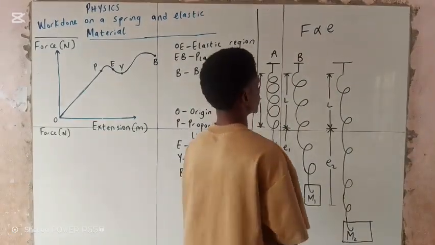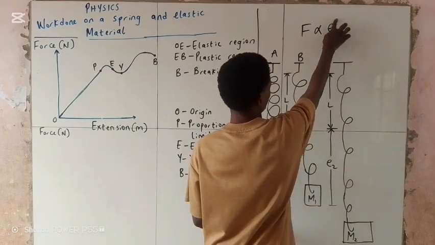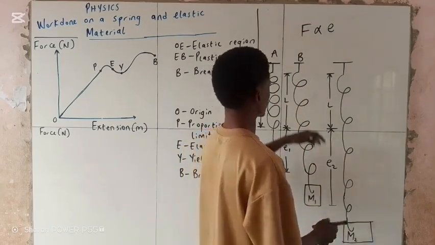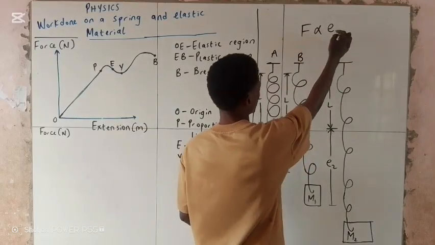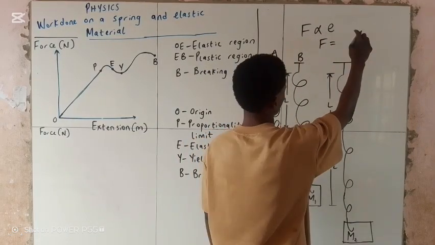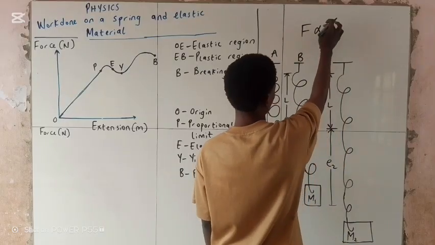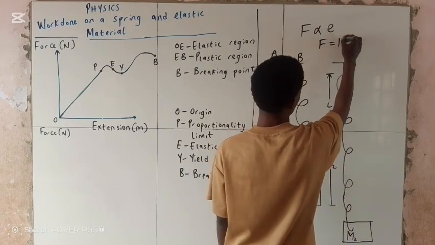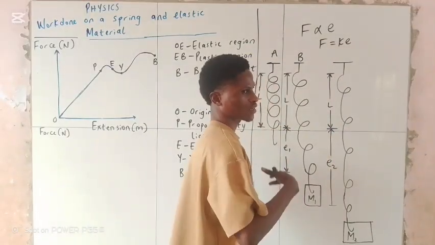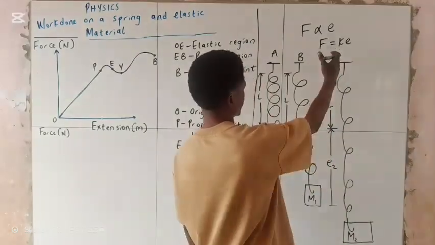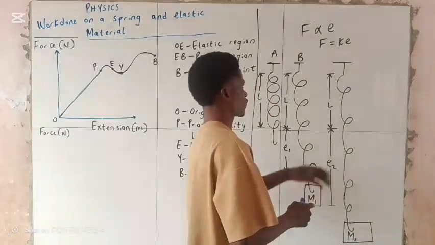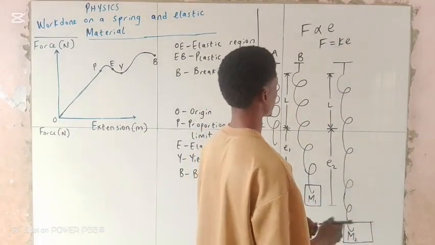It means we introduce a constant and change this proportion to an equation: F equals Ke, where K is the spring constant, elastic constant, stiffness of the spring, force constant, and so on.